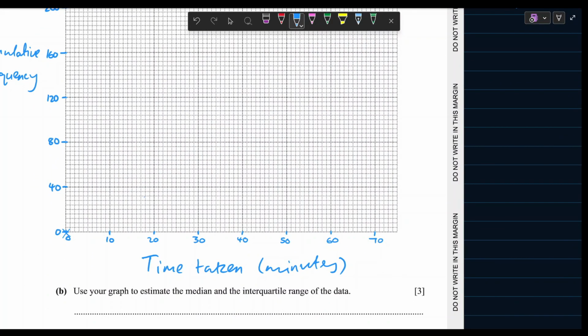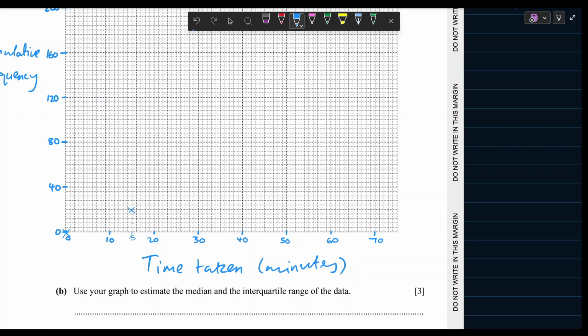So each small box is going to be 4 units on the y-axis. If 15 is right here, and we want 18 units, that's 4, 8, 12, 16. So somewhere here. Let me see if I can get something a little more accurate.